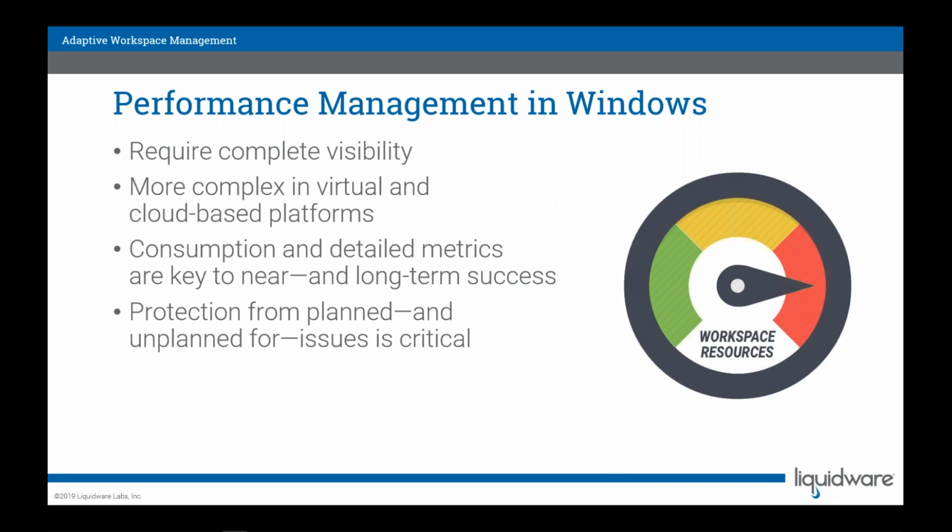Consumption and detailed metrics are key to both near-term and long-term success. Near-term meaning things like migrations or changes in application delivery or changes in the platform or your image strategy. And long-term, it's about the operationalization and ensuring that you're continuing to meet the goals, right?